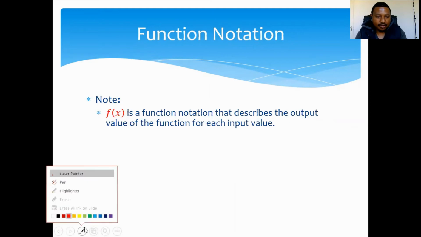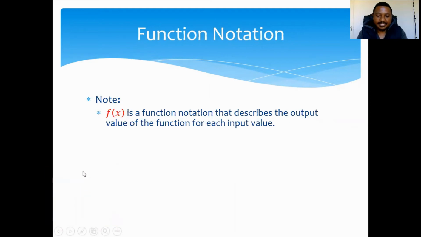Same applies because we're not only using f, we can also use g of x, h of x, p of x.